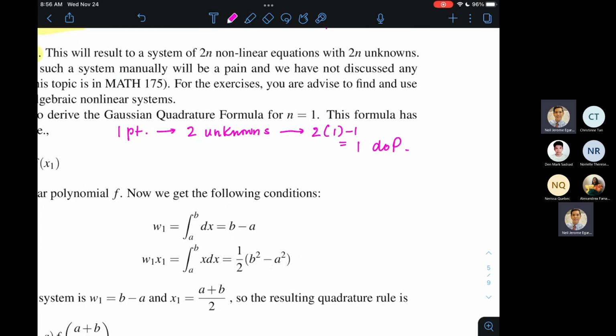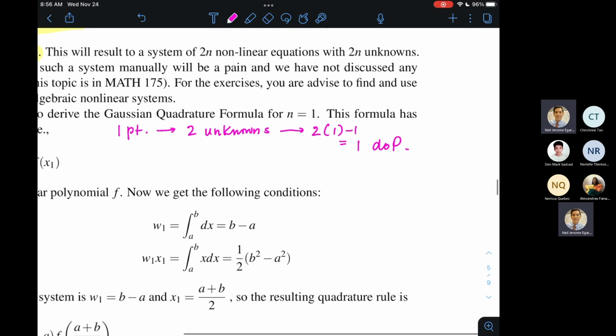So ibig sabihin, kailangan ko lang piliin si W1 at saka si x1 para yung quadrature rule ay kaya niyang i-integrate lahat ng polynomials of degree 1 or less. Okay? So dahil degree 1 or less, dapat eksakto yung ibibigay niya sa aking integral para sa integral ni 1 at saka sa integral ni x. Ito lang yung kailangan kong i-guarantee by the linearity of the integral operator.